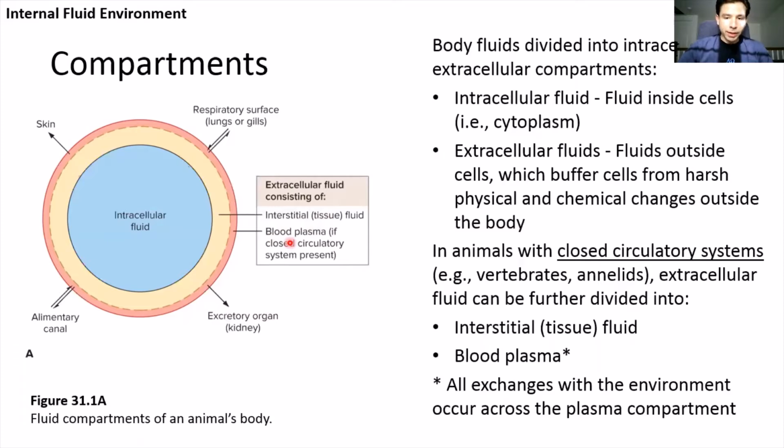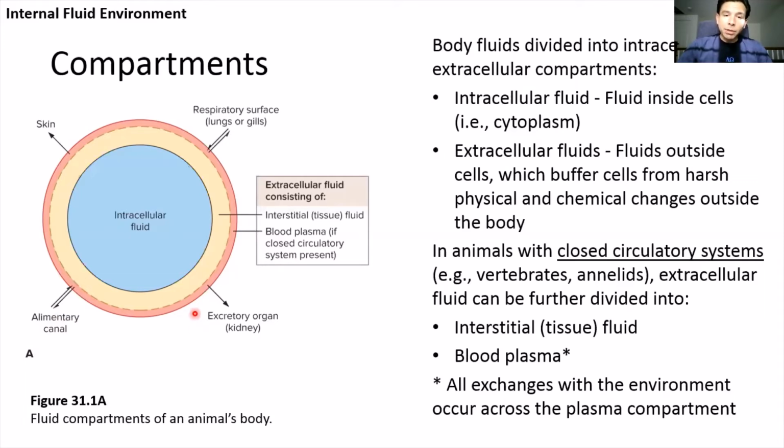Now, importantly, all exchanges with the environment occur across the plasma compartment. Think about it. When we eat food, that food that is traveling down the alimentary canal is going to interact with our blood plasma in the capillaries of the gut, and the food will be absorbed and enter into the blood plasma.